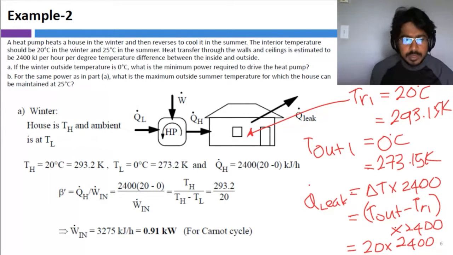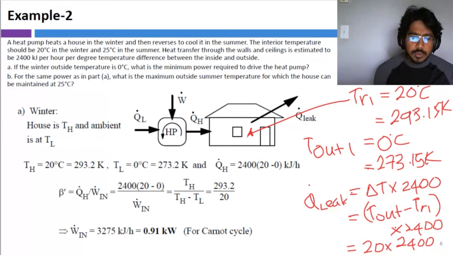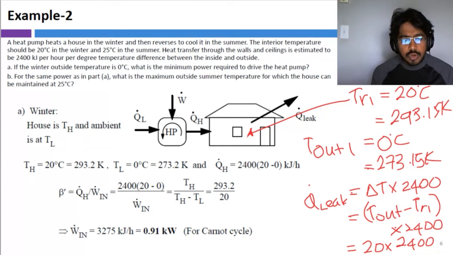So now, can anybody say that if Q leak is 20 into 2400, what can you say about QH? If you want to maintain this building at the same temperature, what can you say about the QH and Q leak? Should it be equal or greater than this thing, or what is going to be the number?